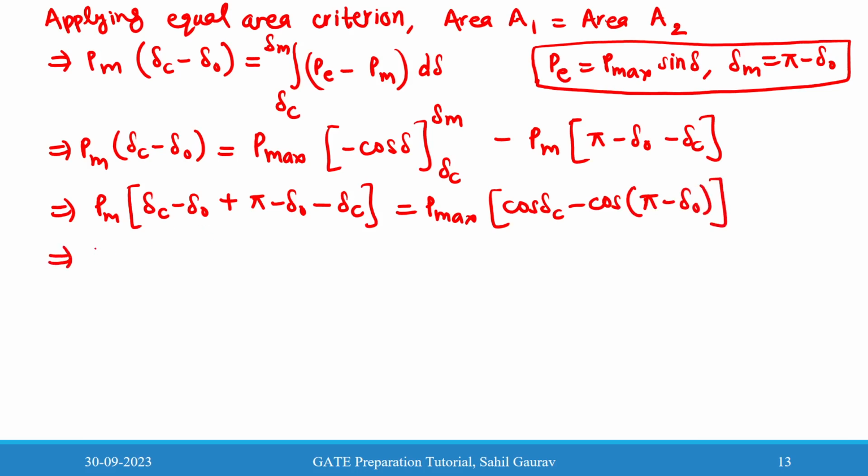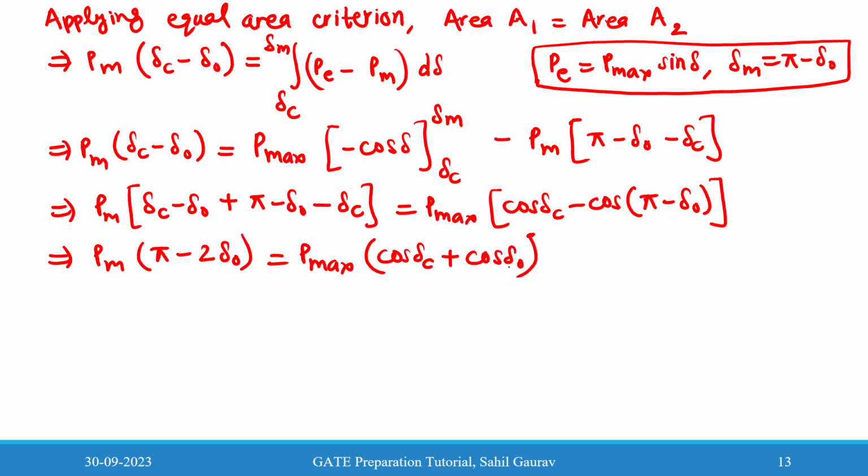So this will be Pm into pi minus 2 delta naught, and this becomes P max cos delta c. Cos of pi minus delta naught will be minus cos delta naught, so it will be plus cos delta naught.